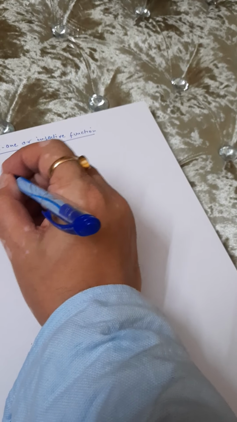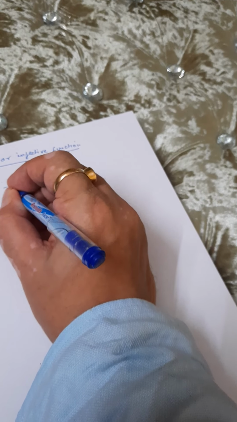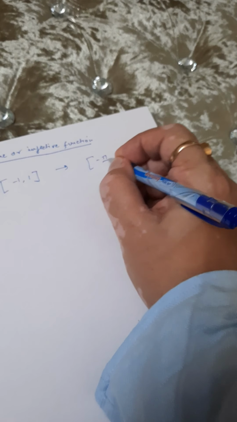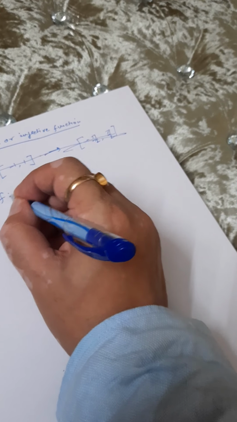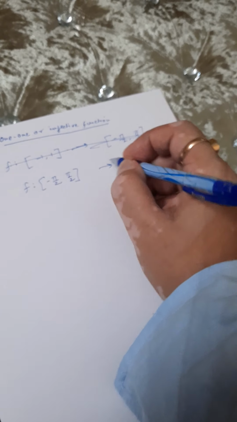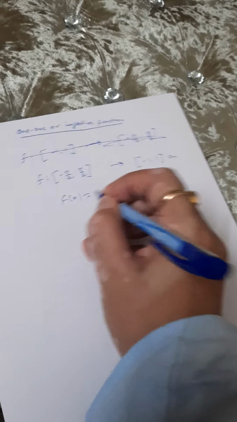Okay, now the last example, I define f from minus pi by 2 to pi by 2 to minus 1 to 1 as f(x) equals sin x.